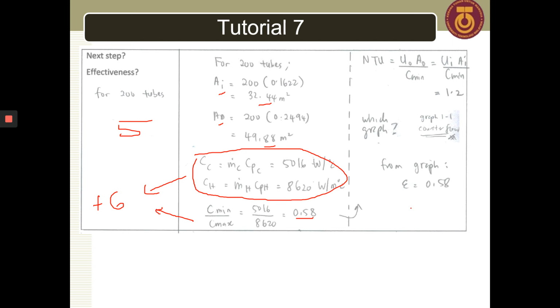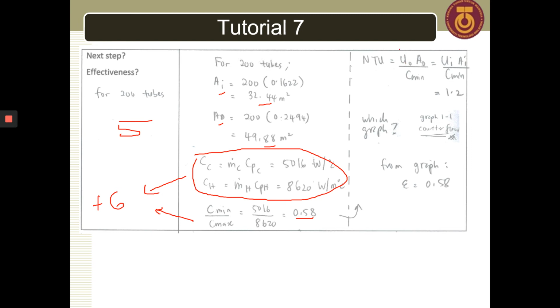Now you want to find the effectiveness. So since you have the Cmin over Cmax ratio, you also have the value of total area and also the overall coefficient.